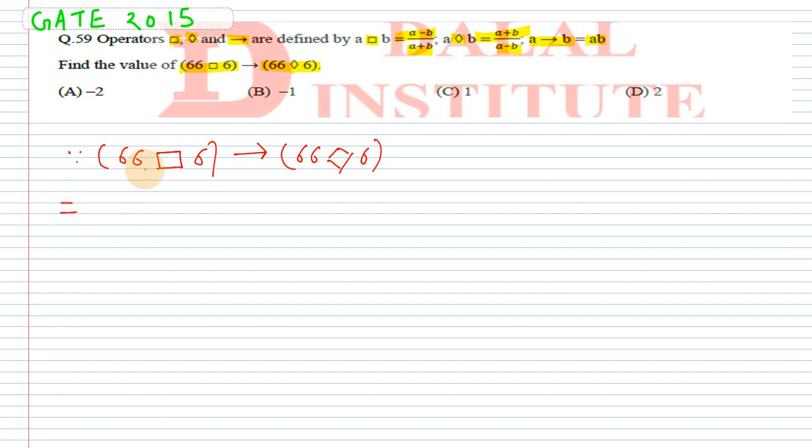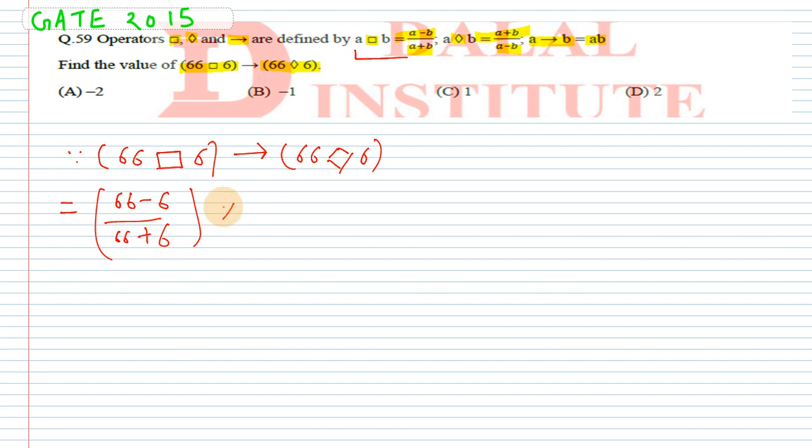So if we operate the rectangle between 66 and 6, then by using this it will be equal to a minus b, that is 66 minus 6, over a plus b, that is 66 plus 6. And the arrow operator is basically a multiplication between the two numbers.